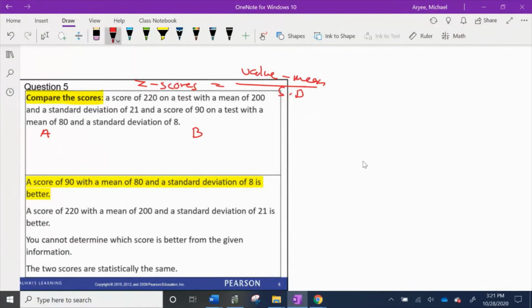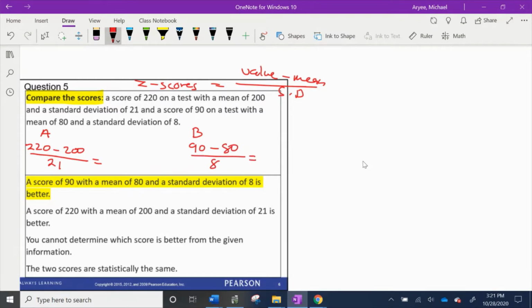In this case, the value is 220, the mean is 200, the standard deviation is 21. Can someone calculate for us? And in the second case, the value is 90, the mean is 80, the standard deviation is 8.